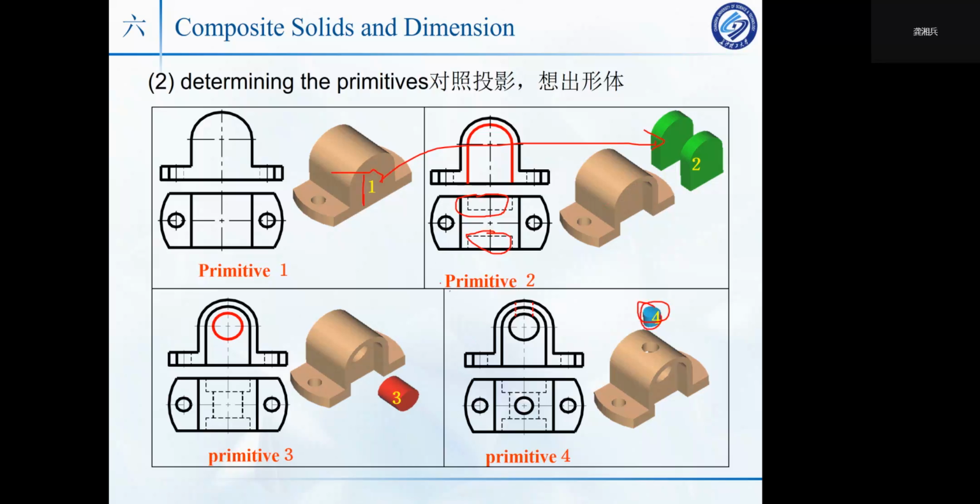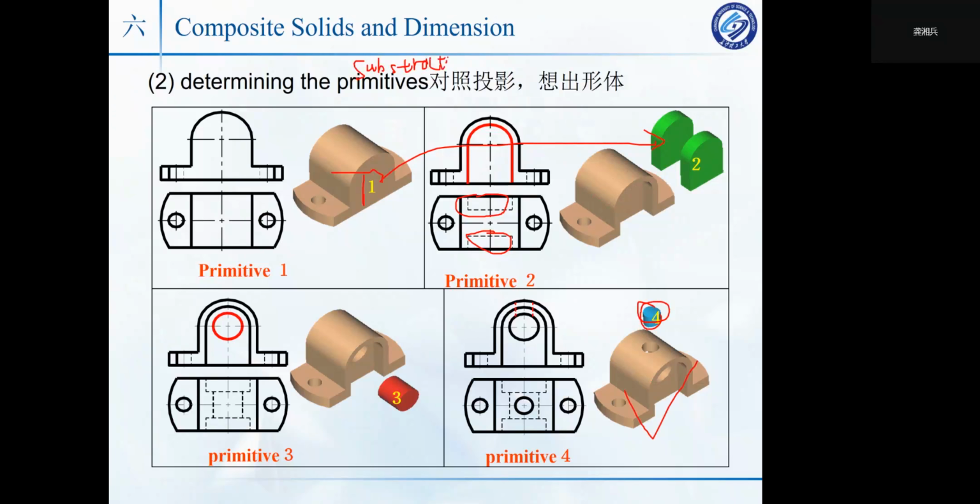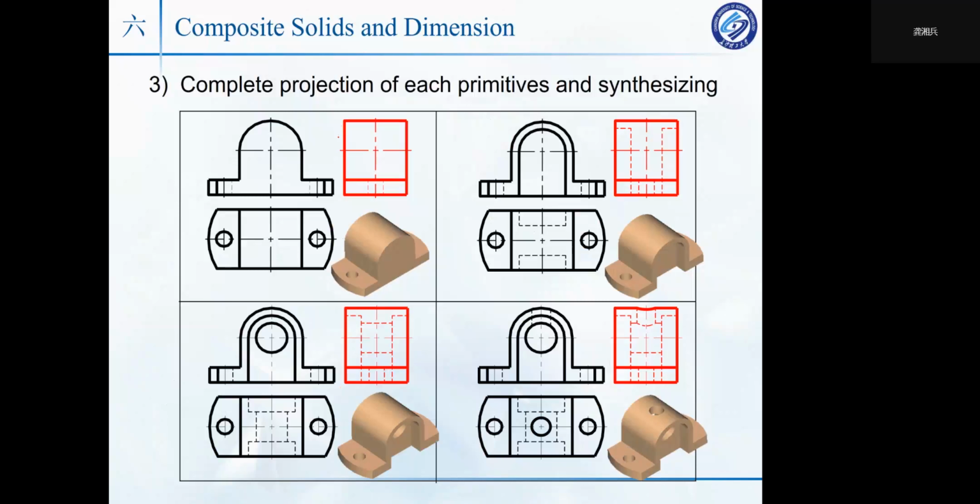So this is the answer: primitive 1, primitive 2, primitive 3, and primitive 4. We use subtracting, just like a difference, to give the composite solid in this basic one.